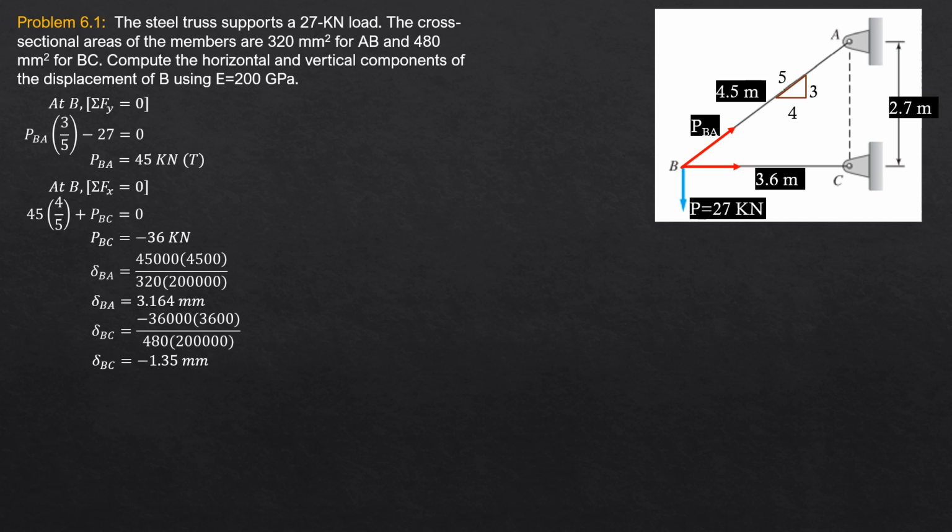for we allow B to elongate along AB, then we draw a perpendicular line towards the final position of B. So that's 3.164 for deflection along BA. Then we draw a line perpendicular to this end.